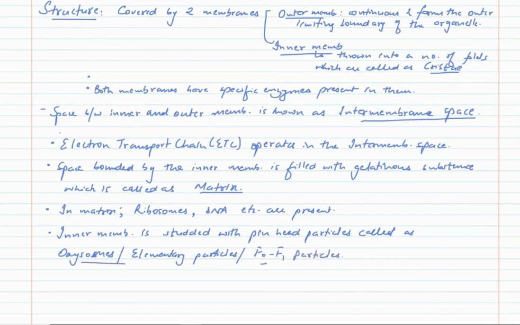These oxysomes or F0, F1 particles are the site of oxidative phosphorylation, that is ATP production.